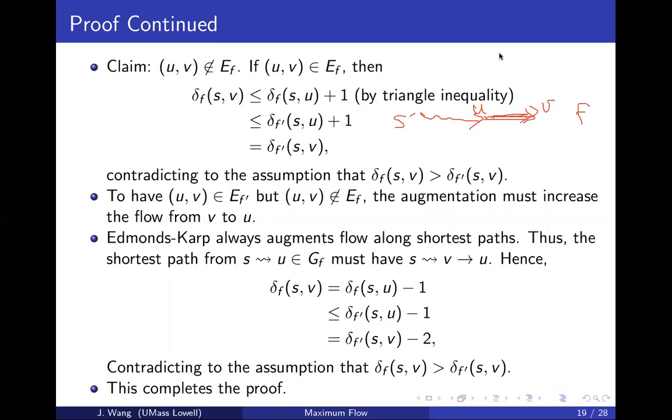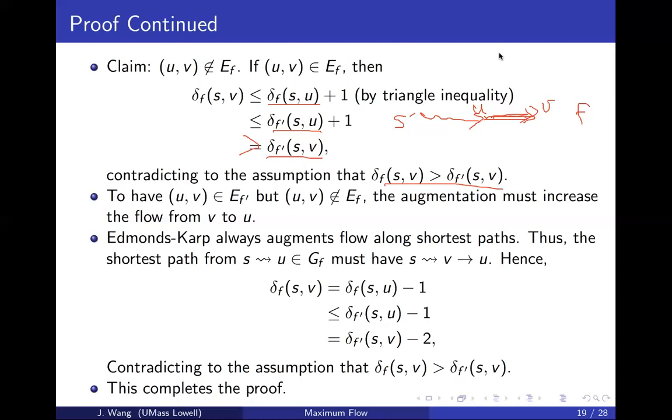And then by the assumption that delta F of S U is less than or equal to delta F prime of S U, we have this inequality, and this is actually equal to delta F prime of S V. So this violates the assumption that delta F of S V is greater than delta F prime of S V. So that's a violation.